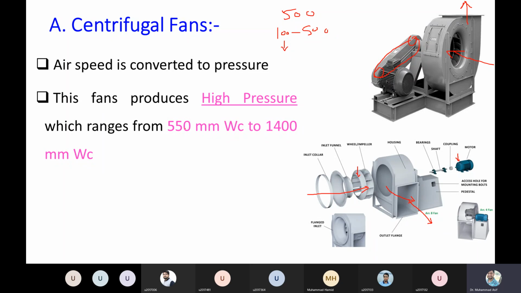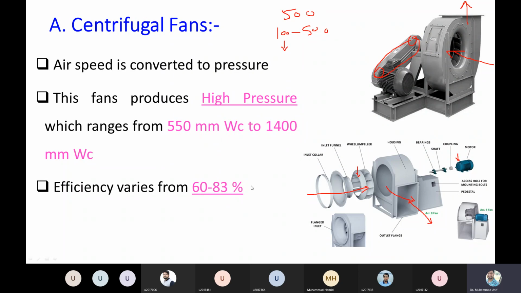So you need a fan that can produce high pressure, to overcome all of the losses that are coming in between the conditioned space and the blower, right? Their efficiency varies from 60 to 83%.